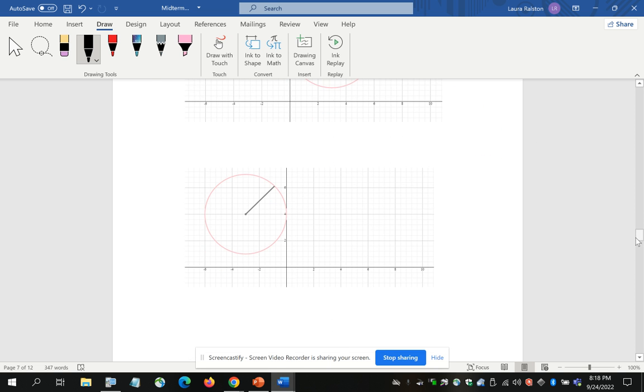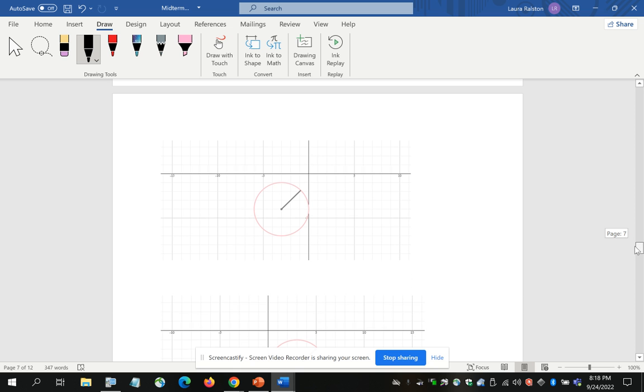For the next one, I have my center is at negative 3, 4. Again, wrong location. For the third option, that's negative 3, negative 4. So I'm still not in the right place.